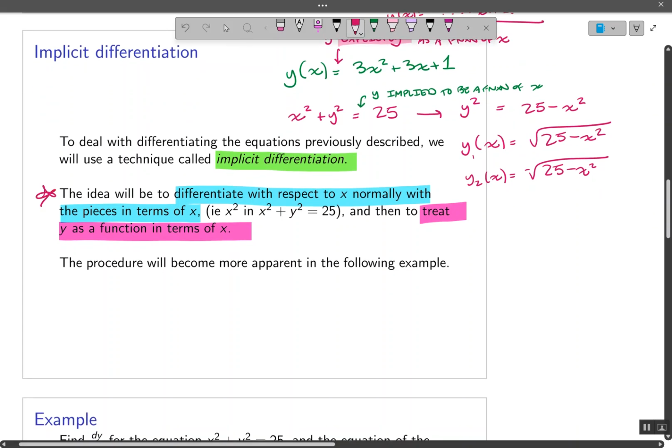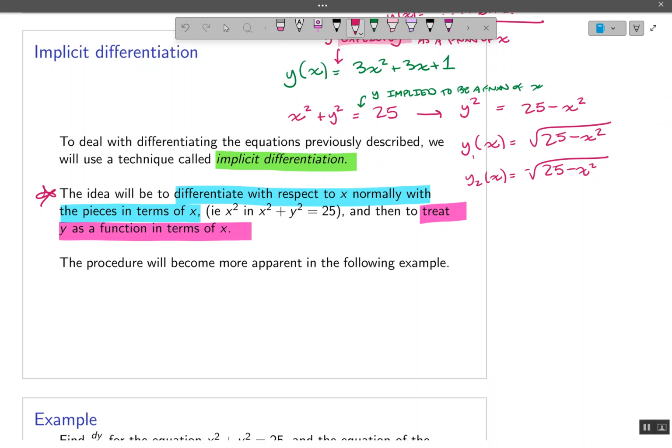So, the idea will be to differentiate with respect to x normally, with all the pieces that are already written in terms of x, and then to treat y as a function of x and use the chain rule there.